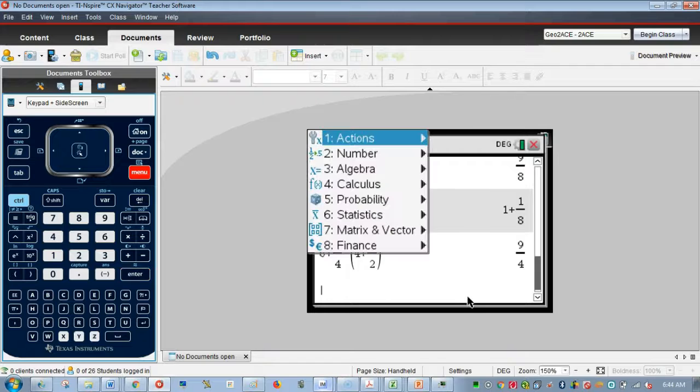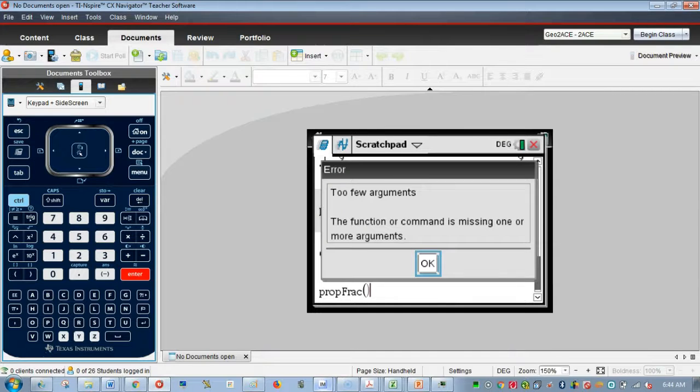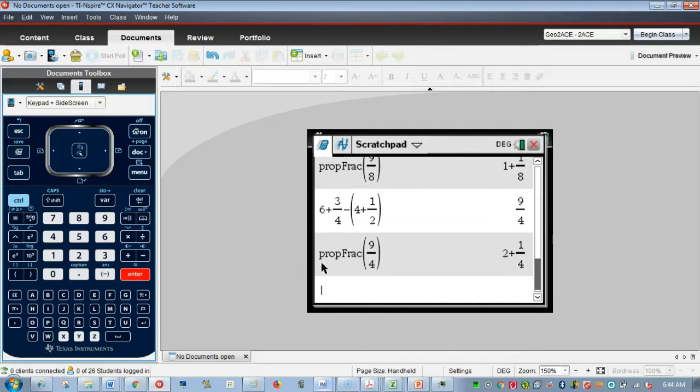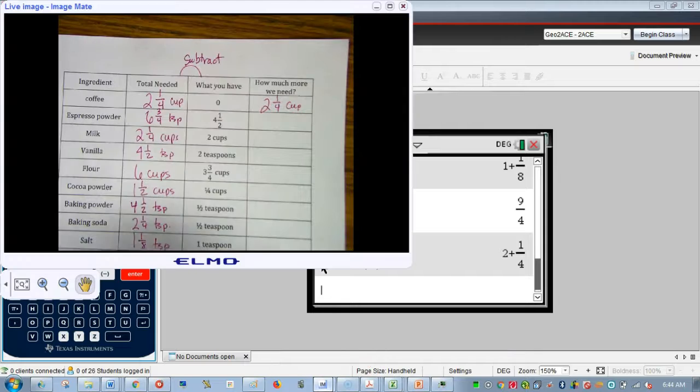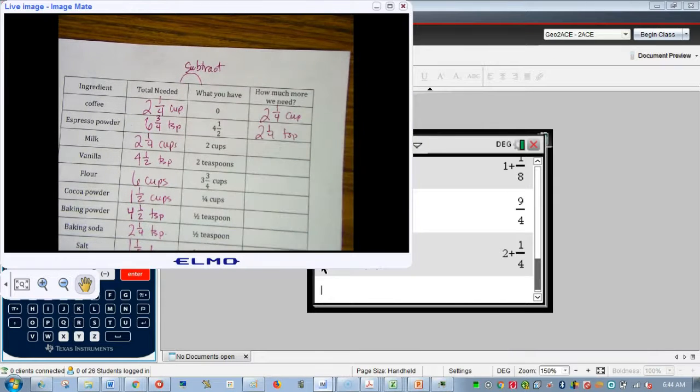Again, improper fraction, menu, 2, 7, 1. Sorry about that. Answer would be helpful. So I need 2 1/4. Okay, so again, I'm going back here, and what I need to go buy at the store is 2 1/4 more teaspoons, or I just need more in that recipe.